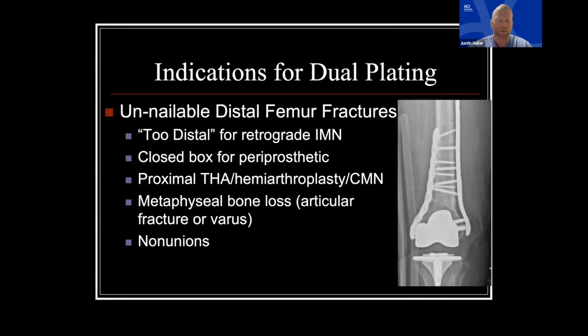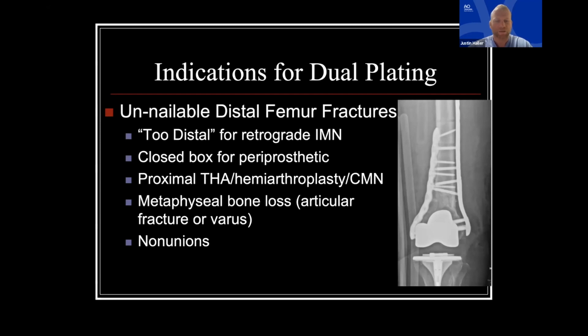For me, too distal is when the medial and lateral condyles are broken off, as in a periprosthetic fracture, or you're limited on the number of interlocking screws to maybe only 1 or 2. In those situations, I think it's too distal for a retrograde nail, but again, everybody's got a different definition.